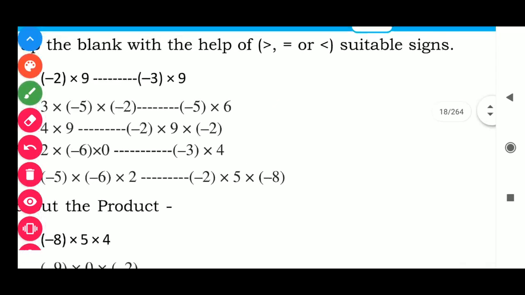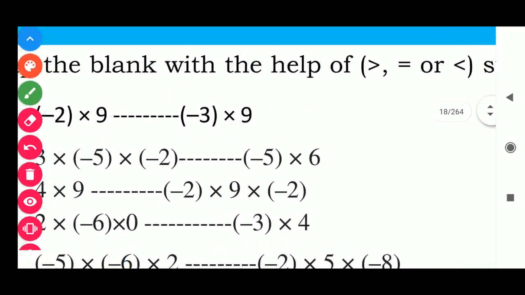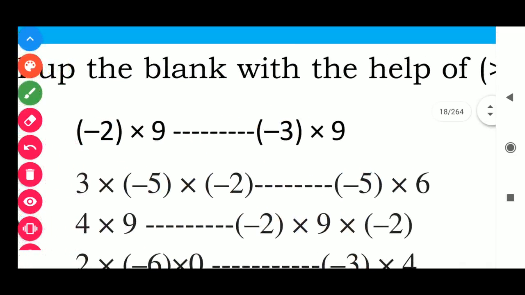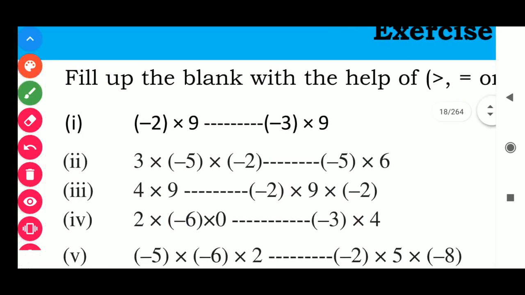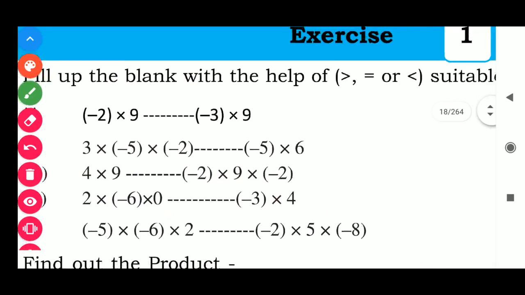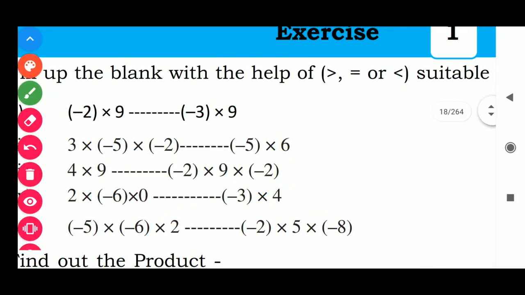So first of all, you can see on your screen the question number, this one. Question number first: minus 2 into 9, we get minus 18. This is your minus 18.